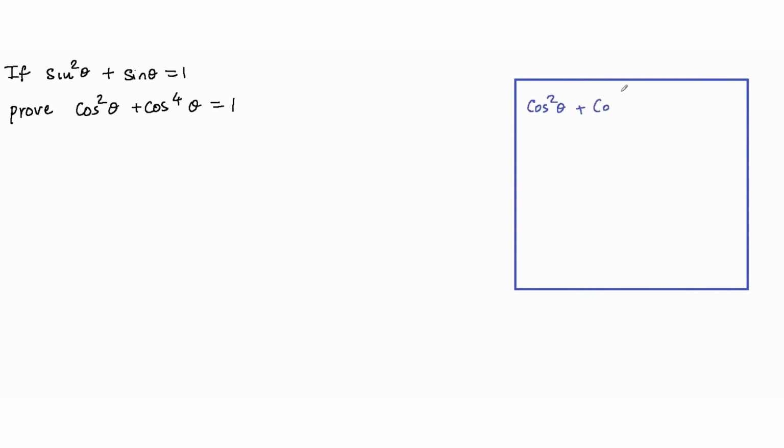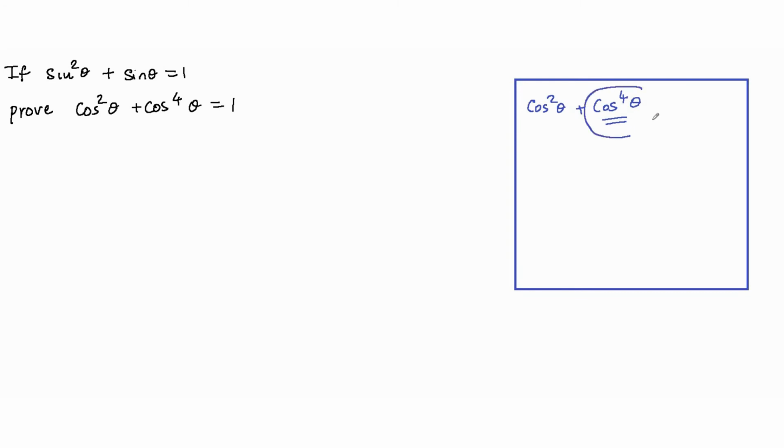So cos square theta plus cos raised to 4 theta. I know that cos square plus sine square is 1, but I don't see an identity for cos square plus cos raised to 4.